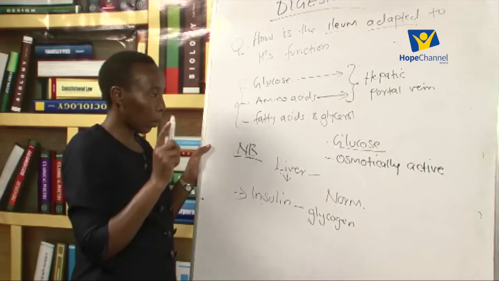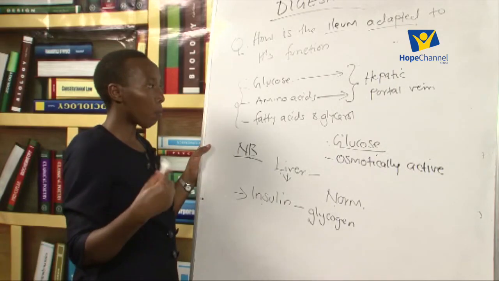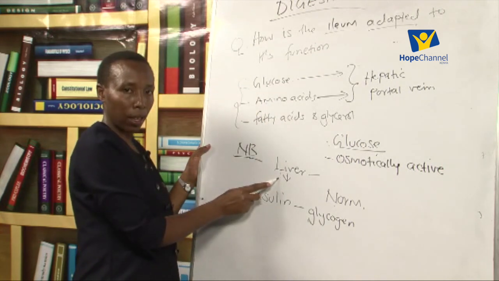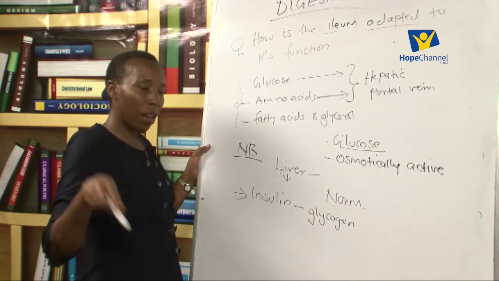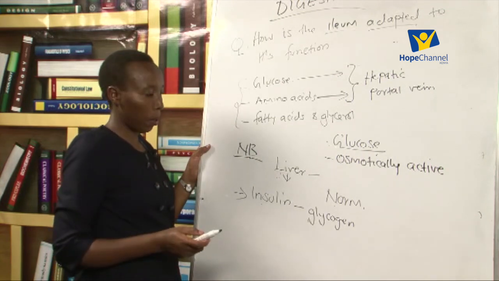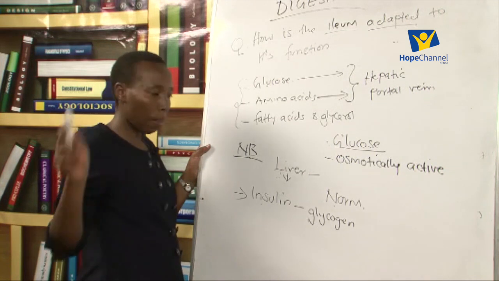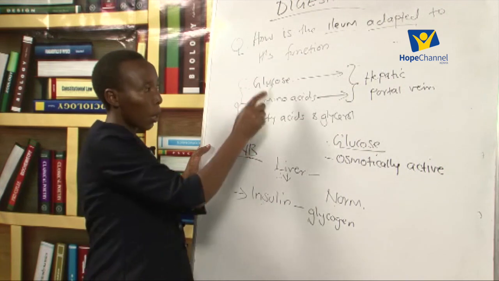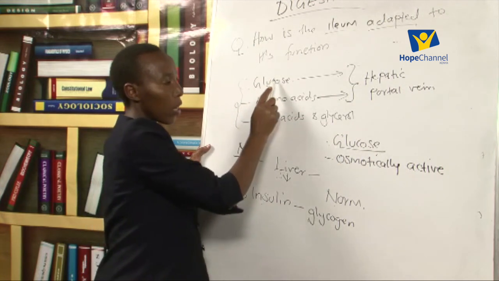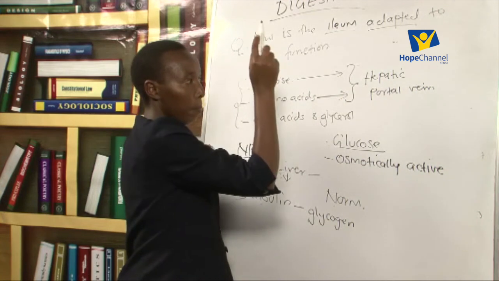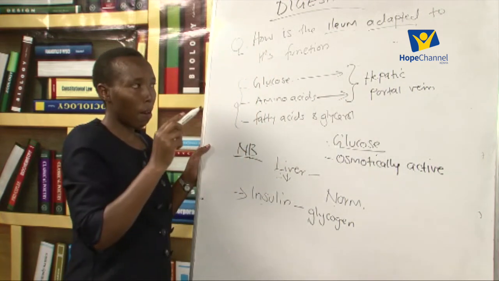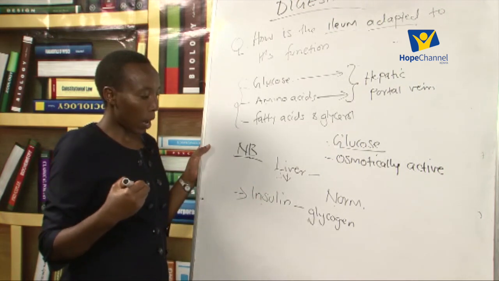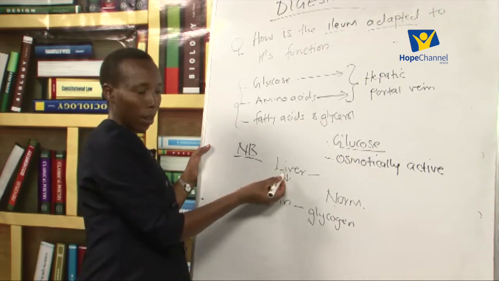Remember, I'm explaining why immediately after absorption, glucose must pass through the liver before it joins the other blood system, before it joins the other parts of the body. Why should it pass through the liver? That is why we are saying that immediately after glucose is absorbed, it gets all the way to the hepatic portal vein. And the hepatic portal vein is the vessel that transports blood from the stomach to the liver.